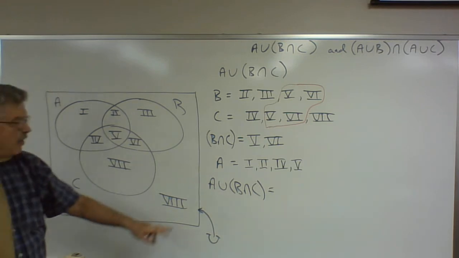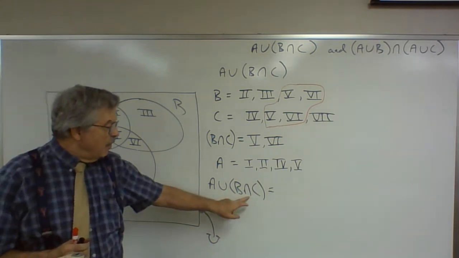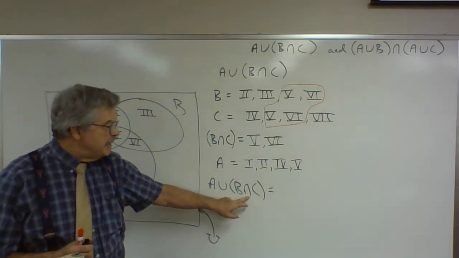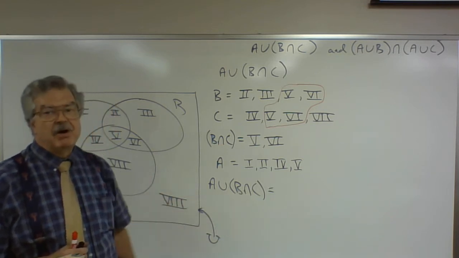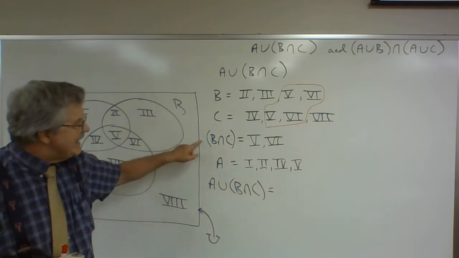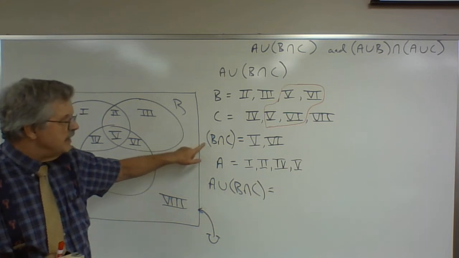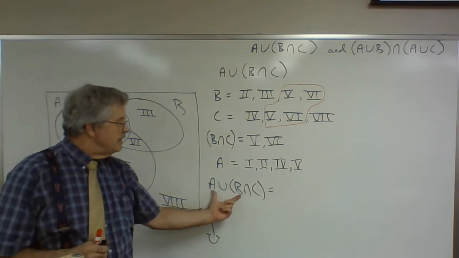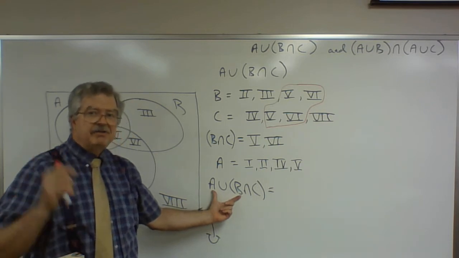It's the set of all elements that are in A, plus all of the elements in B intersect C, plus the elements that are in both. So any region in either A or B intersect C is going to be in A union B intersect C, and vice versa.